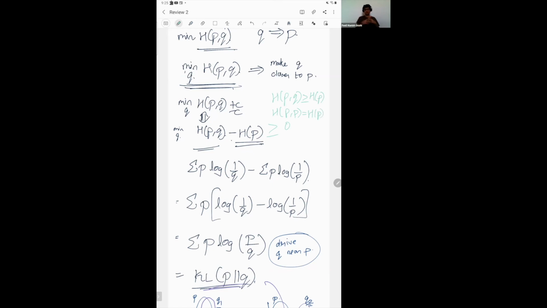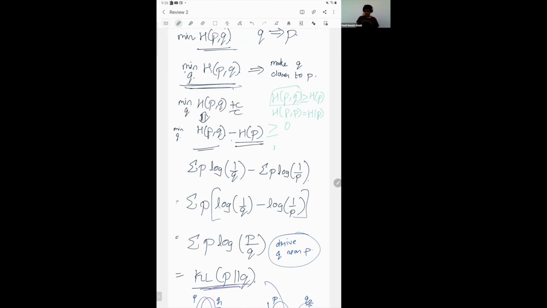So in information theory, if your distribution comes from p and you are estimating it with q, the cross entropy would always go higher as q varies from p. If you are bringing down H of q, the maximum it can go down is to H of p.